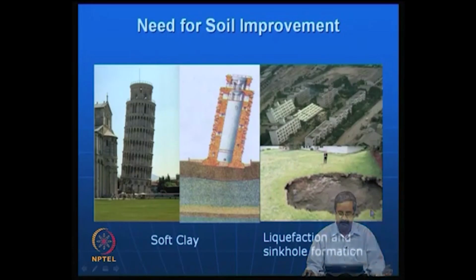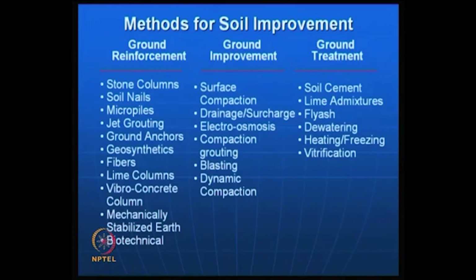For example, if you have carbonate soils, because of leaching the soil can get removed and holes form, which is very risky. Fortunately, it happens only in a few rare places, like some places in the US, and in Germany where I visited, and it was a very risky situation.